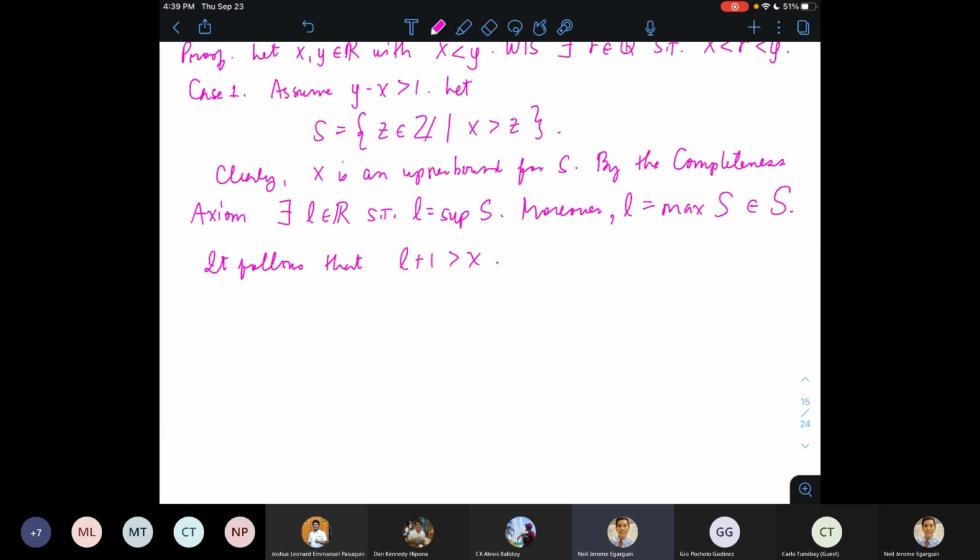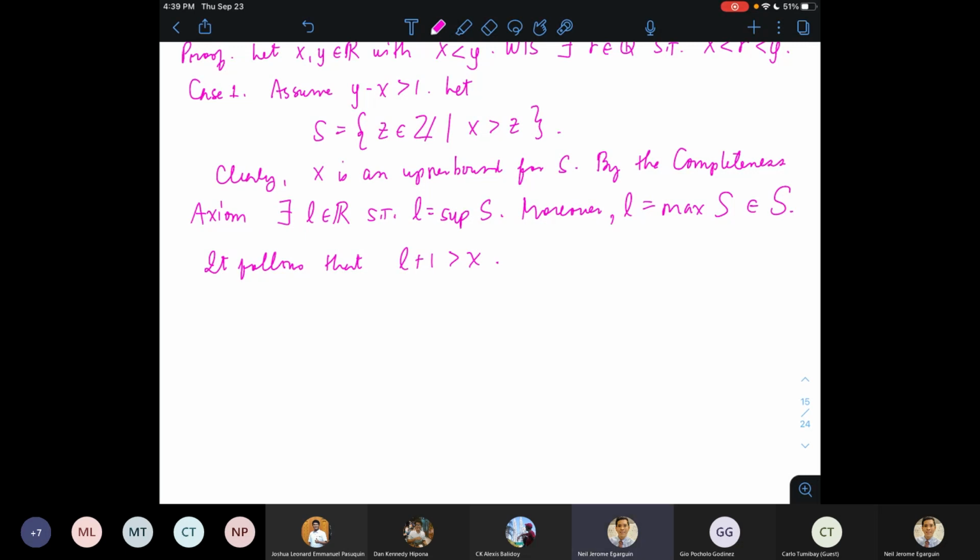Anyone? Or pagod na kayo? Hindi na kayang mag-isip. Hindi na gumagana yung mga brain cells. Okay. Si L plus 1, hindi pwedeng maging mas malaki kay X. Kasi ibig sabihin, kung si L plus 1 ay mas malaki kay X, ibig sabihin ay what?